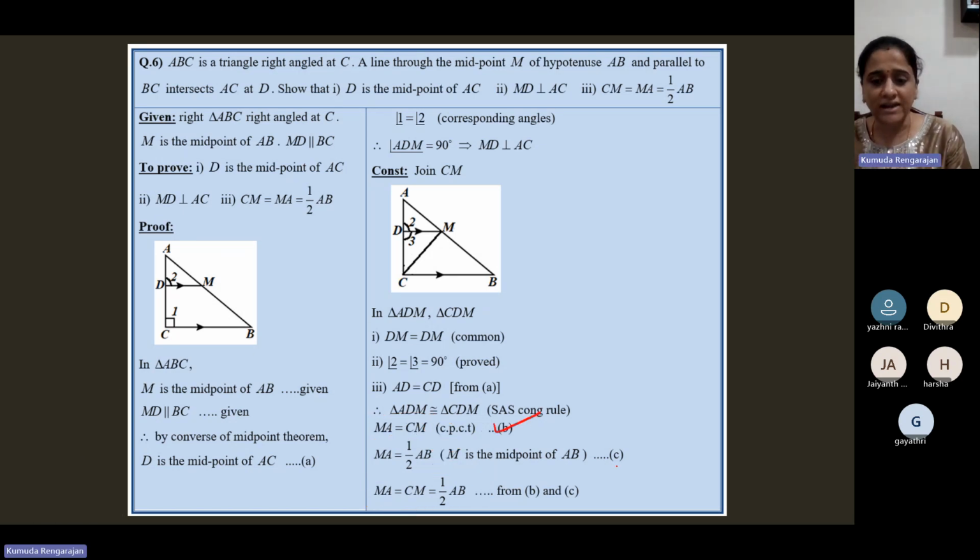So from this result and this result, since we've used A here, mark this B and C and say from B and C. So when you write this one, you will not be marking B here. When you write this, you will not be marking C here. After writing those two, then you will tell yourself that now from these two results, we can get this result. So from this and this, go back and mark this B, mark the C, and say from B and C.